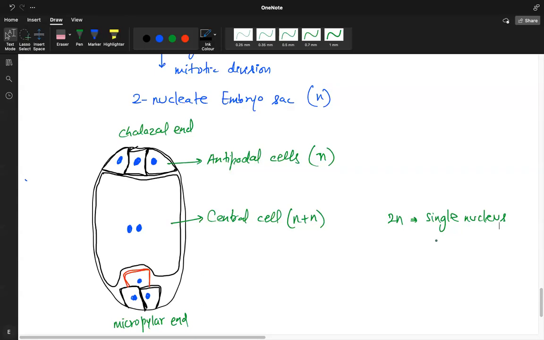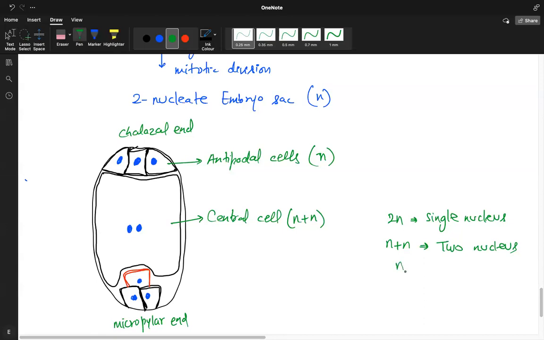This is clear? Yes. But if I say n plus n, it means there are 2 nuclei. That's why I have put the plus sign in between. So there are 2 nuclei, like in this case. Each nucleus will have its nuclear membrane separately, but each nucleus will have only 1 copy of every chromosome.